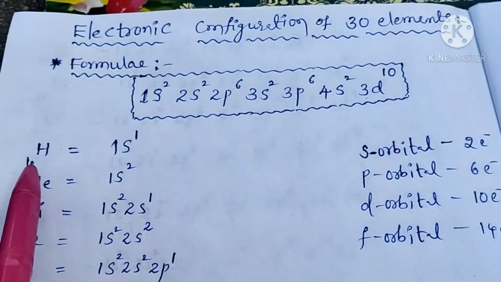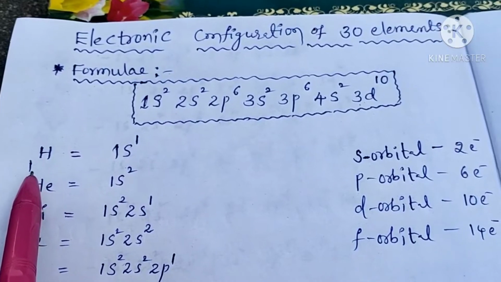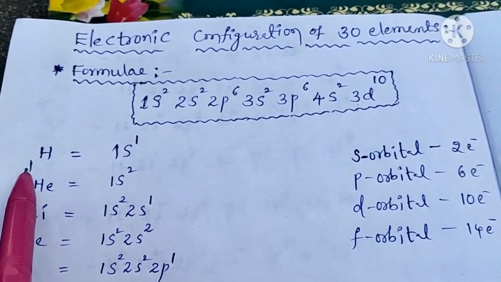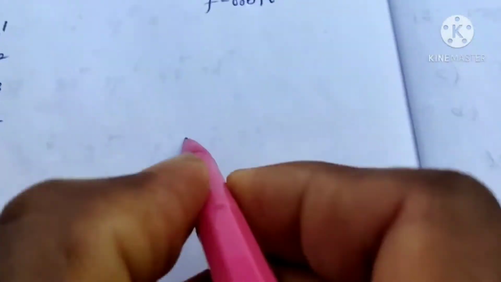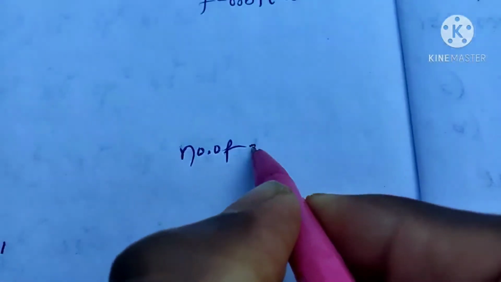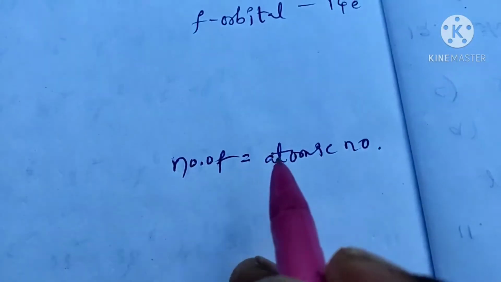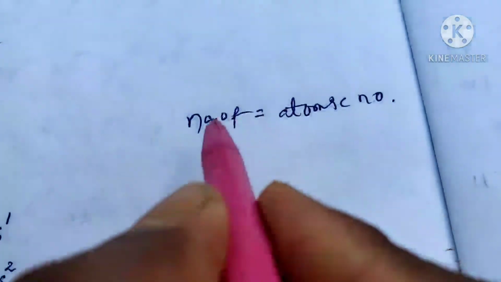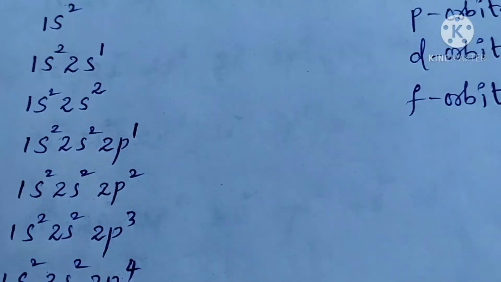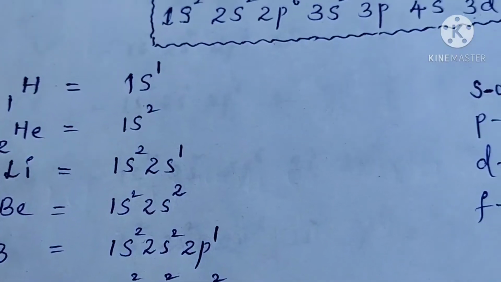The atomic number of hydrogen is 1, nothing but it contains 1 electron, because the number of electrons is equal to the atomic number. Understand, atomic number is equal to number of electrons. So hydrogen atomic number is 1, so it contains 1 electron.